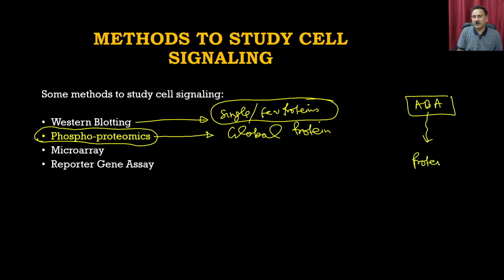If I know the proteins, I can do the Western. If I don't know the protein, and I want to identify all the proteins, especially which proteins are going to get phosphorylated, then I should do phosphoproteomics. So phosphoproteomics is to look at the global picture, while Western blotting is to see specific questions or specific problems.